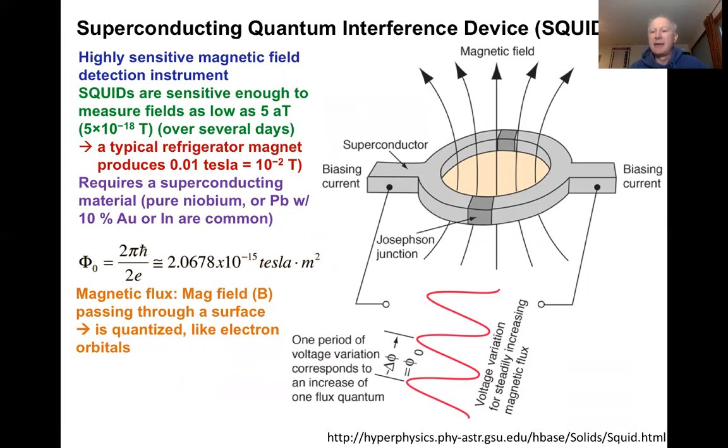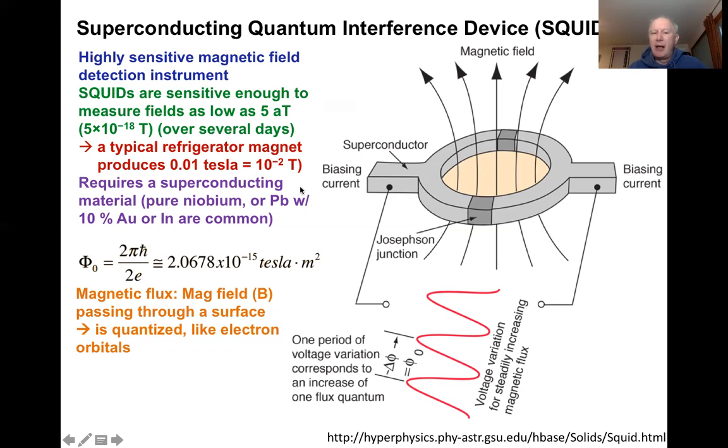It's incredibly sensitive. This technique can measure fields as low as 5 attotesla. That's 5 times 10 to the minus 8th Tesla. A typical refrigerator magnet has 0.01 Tesla, so that's 16 orders of magnitude smaller, right? That's an incredibly small magnetic field.